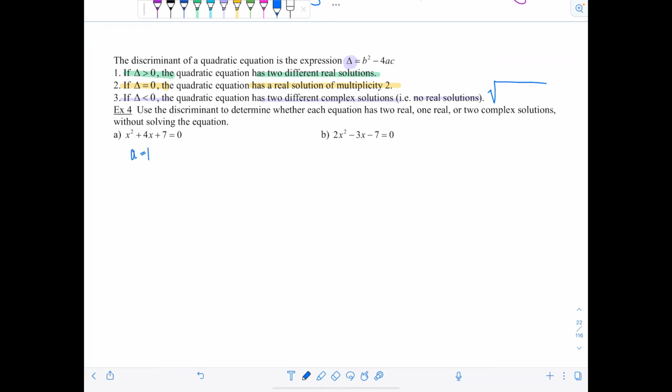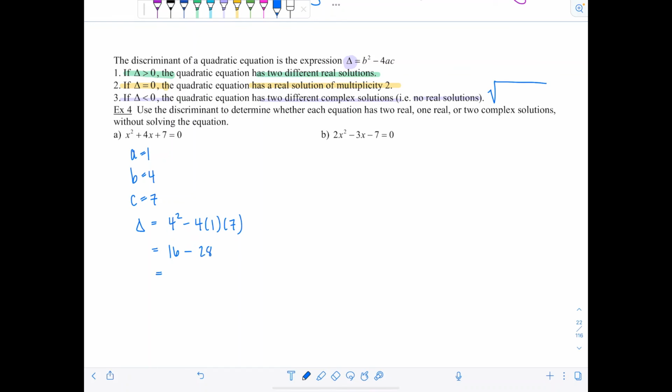A is 1, B is 4, and C is 7, right? Everything's set equal to 0. So delta, or the discriminant, equals B squared minus 4 times 1 times 7. So this is 16 minus 4AC. So that's going to be 4 times 1 times 7, that's just 28.